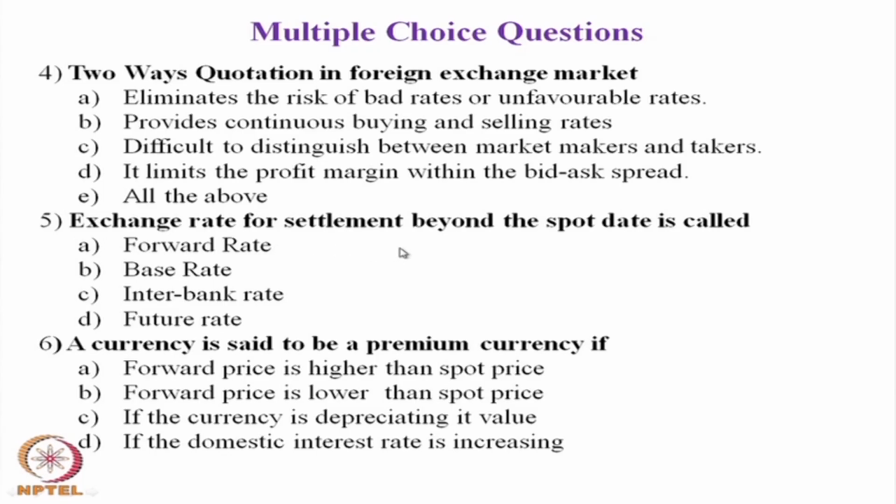Spot date is 0 to 2 days. Beyond the 2 days, any purchase or sale of foreign currency can take place only at the forward rate. The question number 5, the answer is A, forward rate.